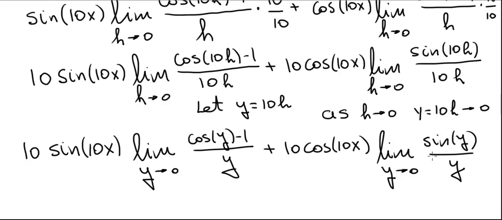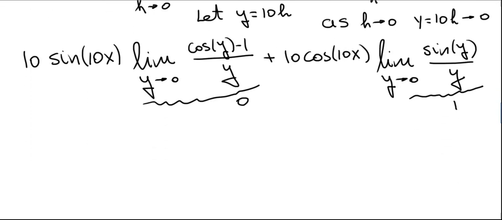Now let's use results 1 and 2. This first limit right here goes to 0, and the second limit here goes to 1. So 10 sine 10x times 0 will be 0. 10 cosine 10x times 1 is going to be 10 times cosine 10x.